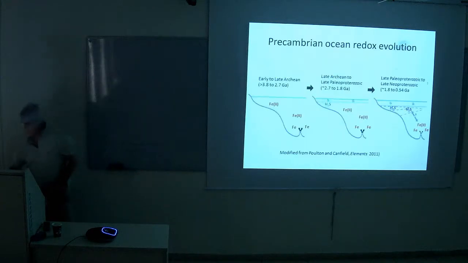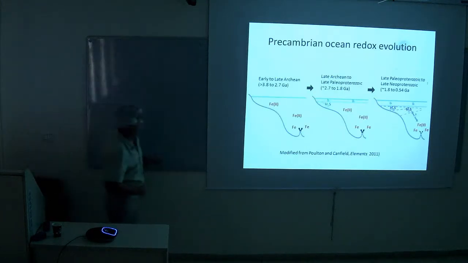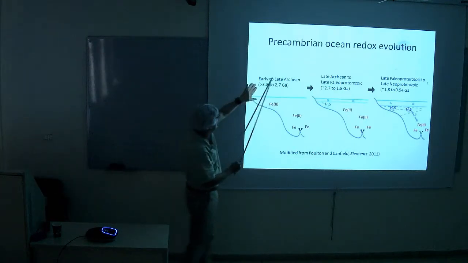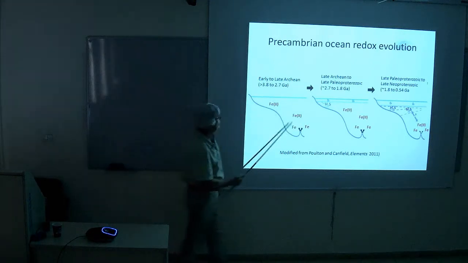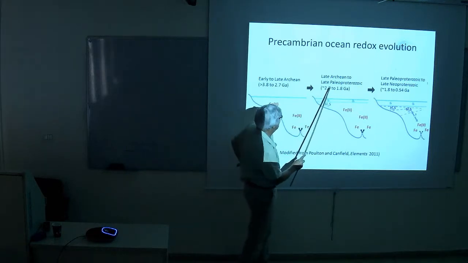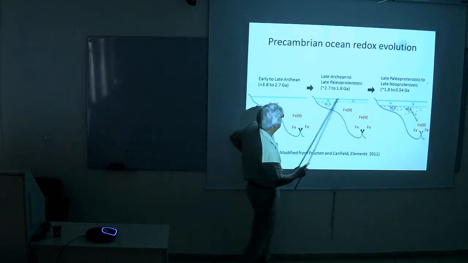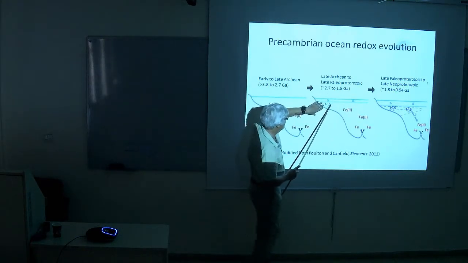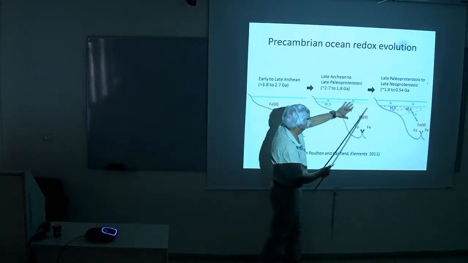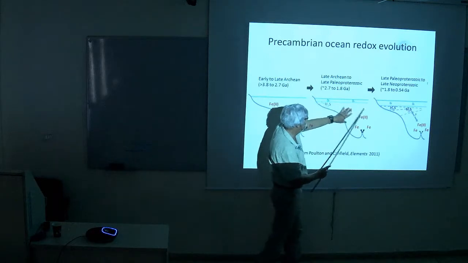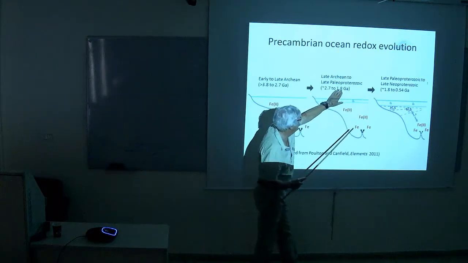So the model of the Precambrian ocean starts off with the early to late Archean, with a ferruginous ocean. When we come to the period from when oxygen may have started to appear, you started to see euxinic waters, but the waters were dying, so it was still ferruginous until 1.8 billion years.